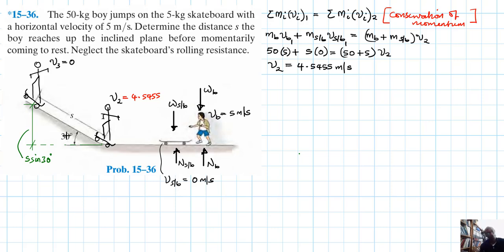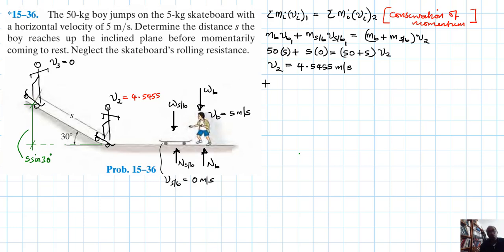So we have kinetic energy, and also potential energy.